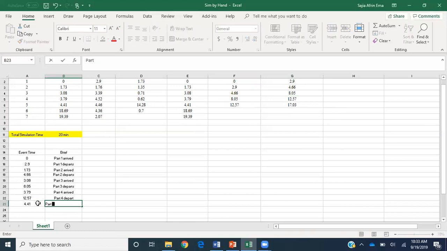Part 5 arrived. Okay. Next, at 12.57 minutes, part 4 will depart and part 5 will join the service. So we already have that event here. So at 17.03 minutes, what will happen is that part 5 will depart.